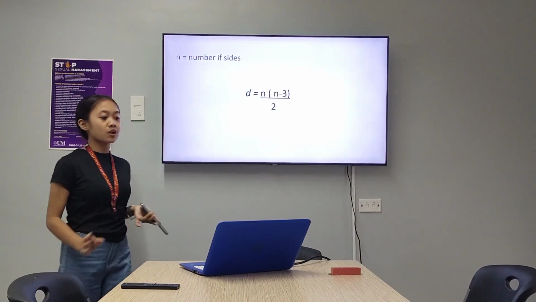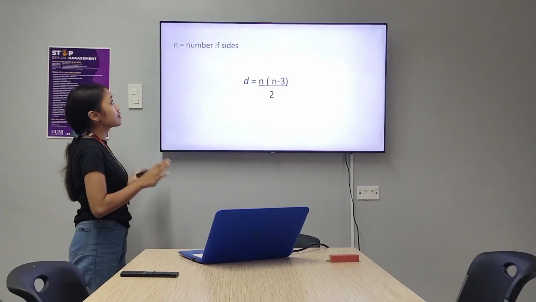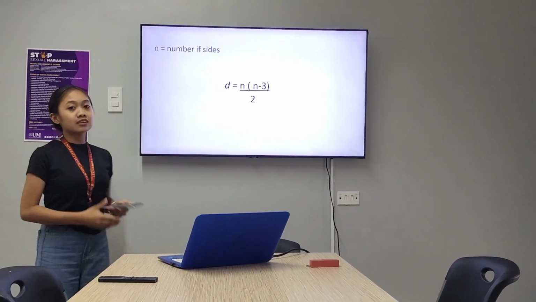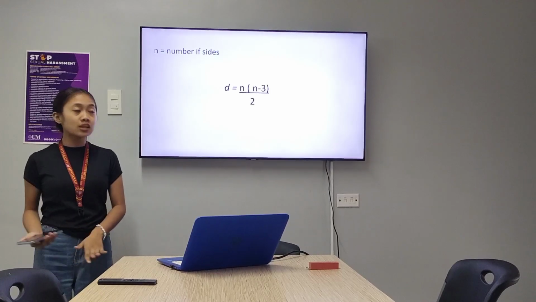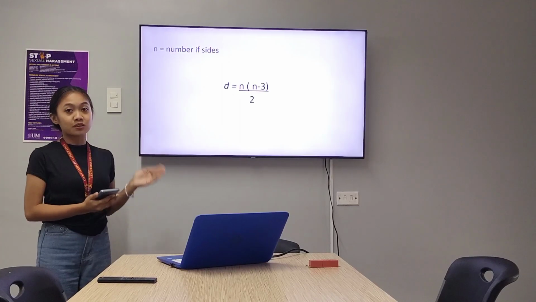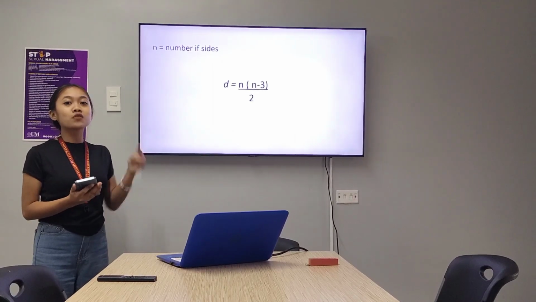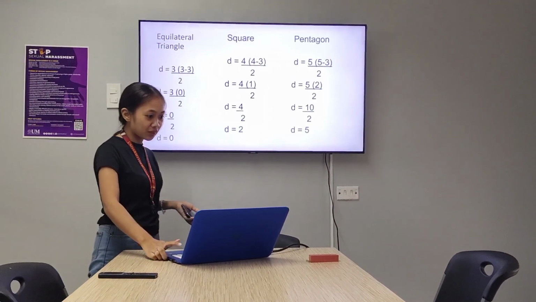You must be wondering what a diagonal in a polygon is. If n is the number of sides, the formula for getting the number of diagonals is d = n(n - 3)/2.